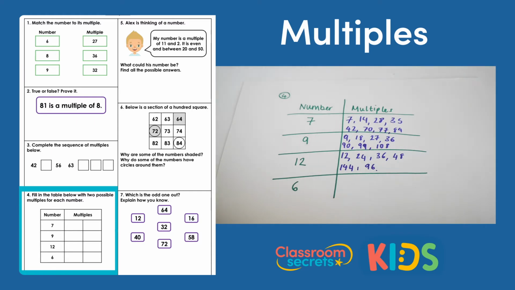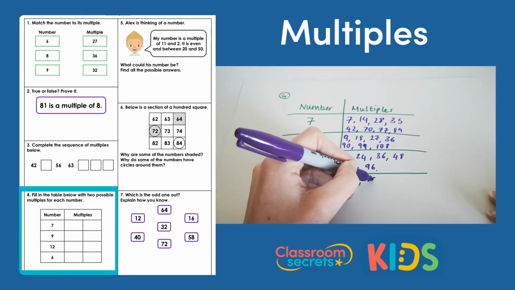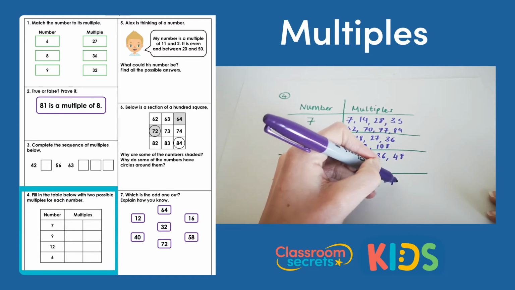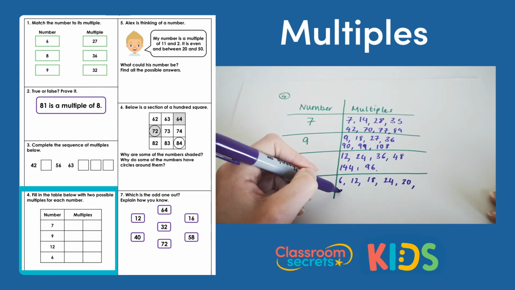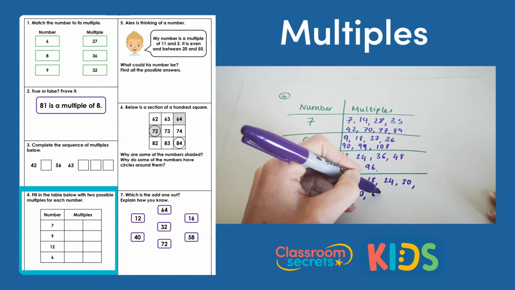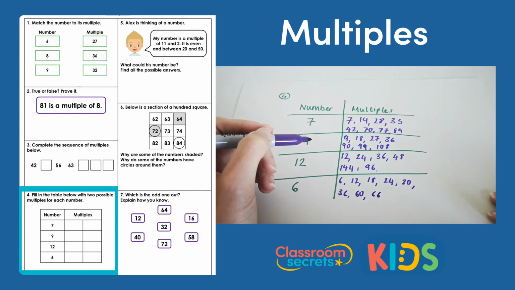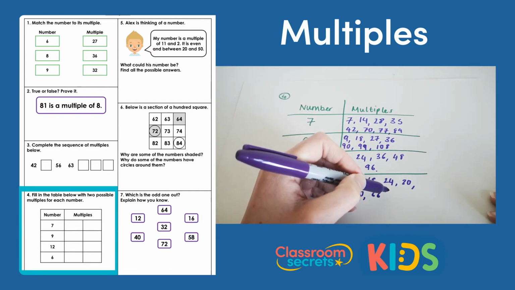And finally, multiples of 6. 6, 12, 18, 24, 30, 36. You could have 60, 66, 72.